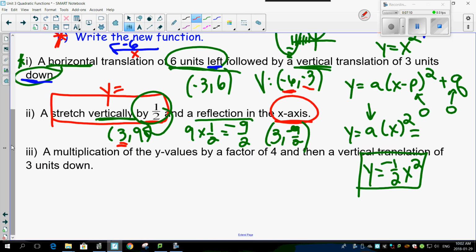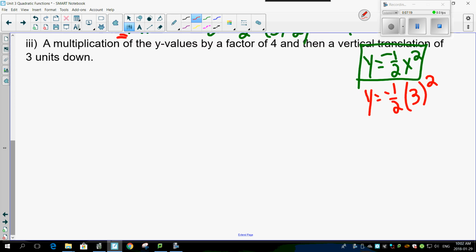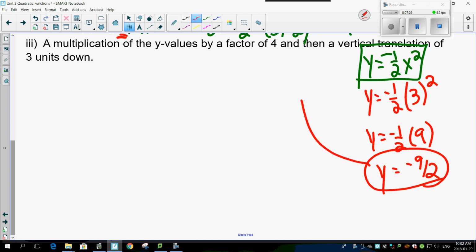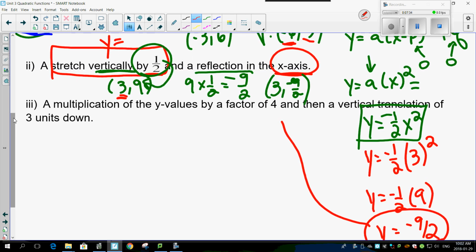So y equals minus a half, x is 3 squared, right? Which becomes 9. There's minus a half times 9. Half of minus 9 is minus 9 over 2. And look at that. Look how that coordinate is the same one we determined way back here.